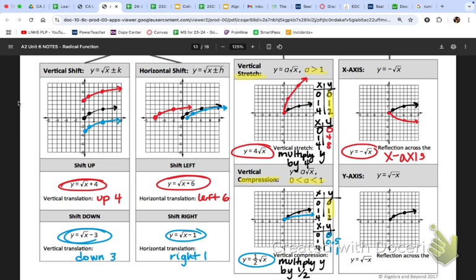If the negative's inside, it reflects across the y-axis horizontally, right? So it goes like this. Okay, 0, 0, and then it's flipping the other direction. This is like a speed round review of transformations, I know.